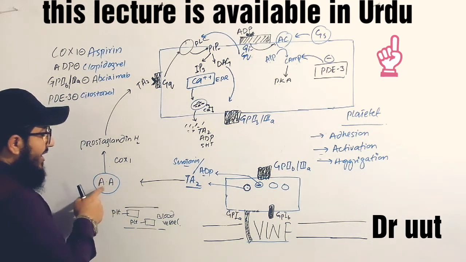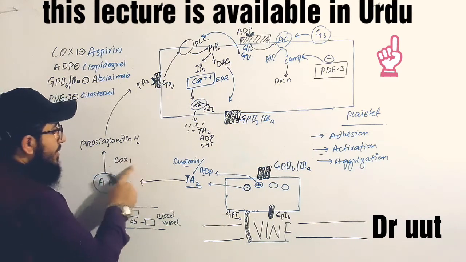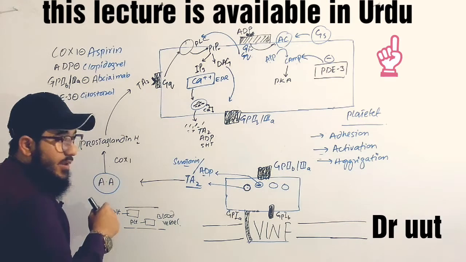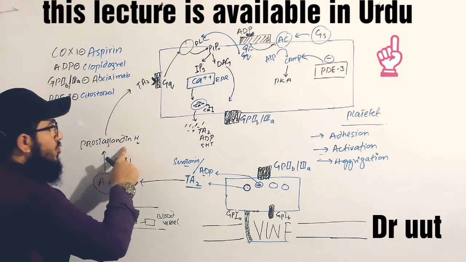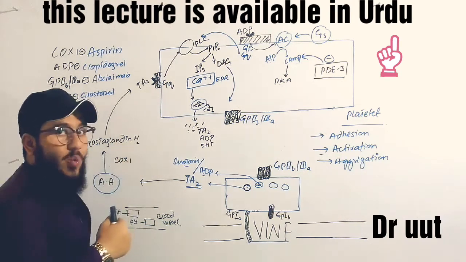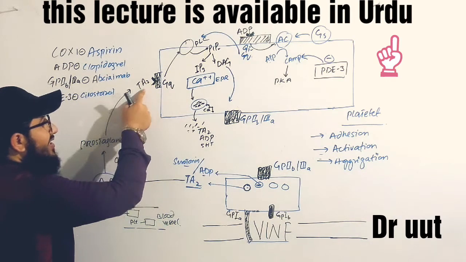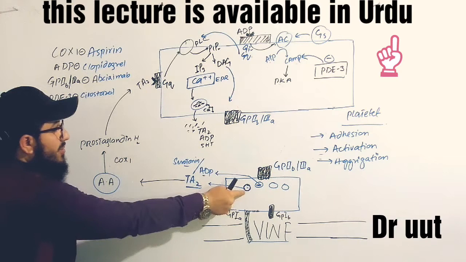This arachidonic acid is then converted to prostaglandin H2 by an enzyme known as COX-1, cyclooxygenase type 1. Then this prostaglandin H2 will undergo metabolism. What is produced? Thromboxane A2. Here is our produced thromboxane A2 from this membrane.